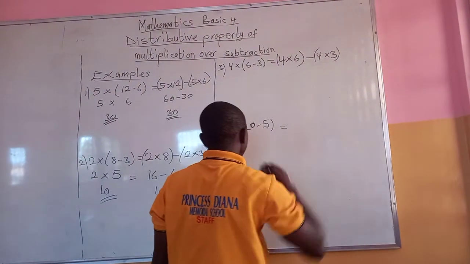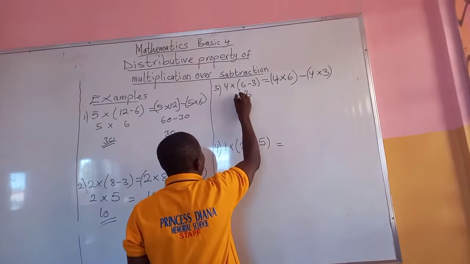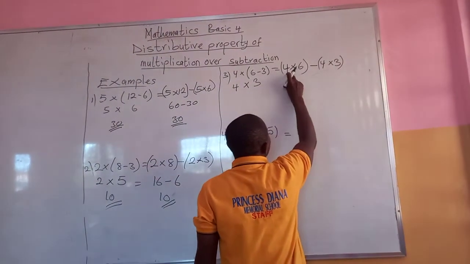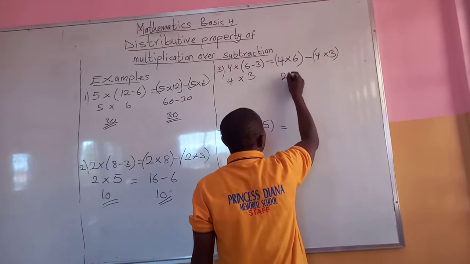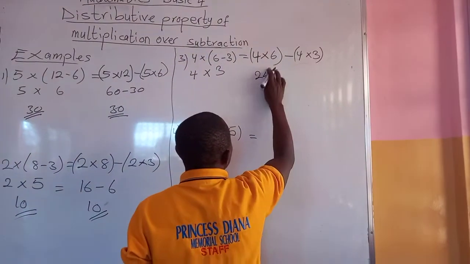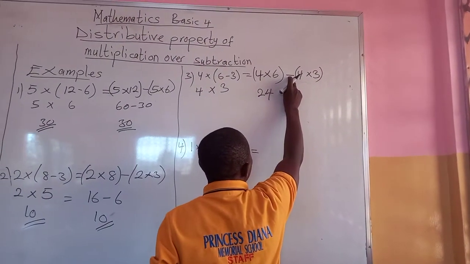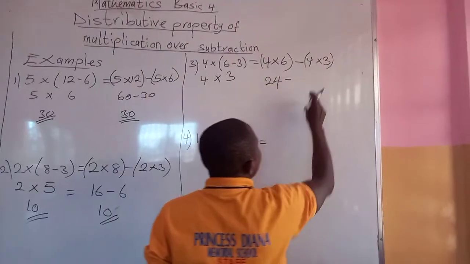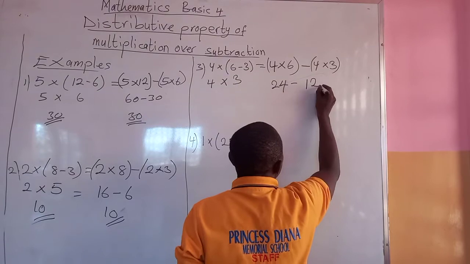Now when we subtract 6 minus 3, we get 3, then times 4. Then 6 times 4 will give us 24. Then we have our operation sign, which is subtraction here, minus. So 4 times 3 will give us 12.